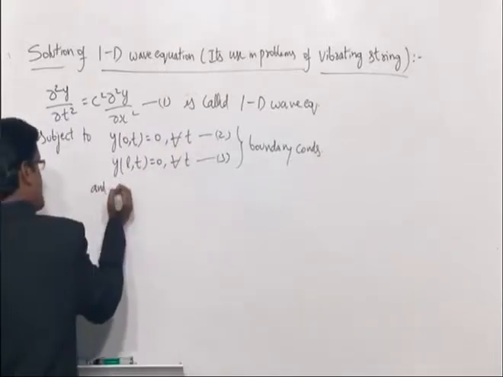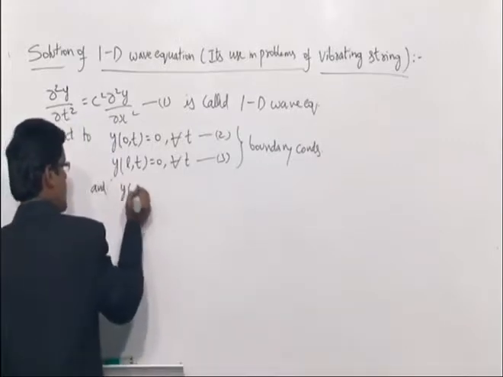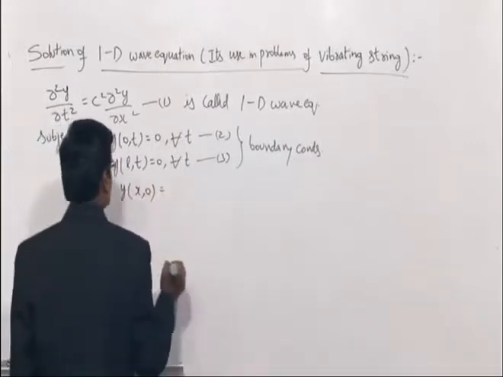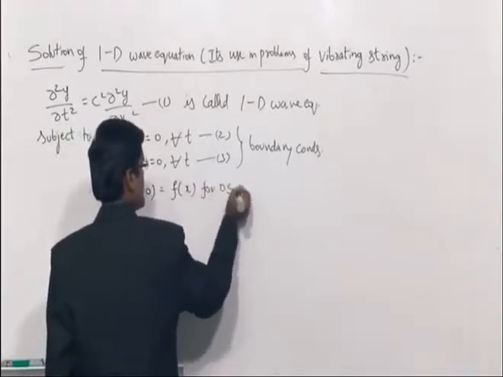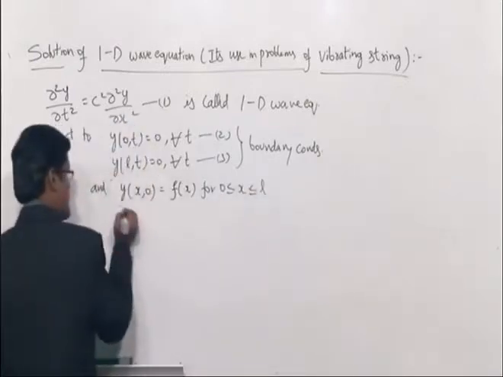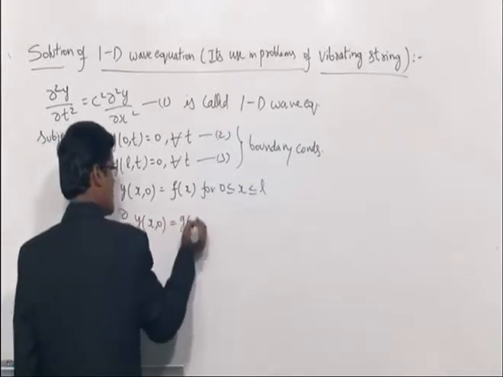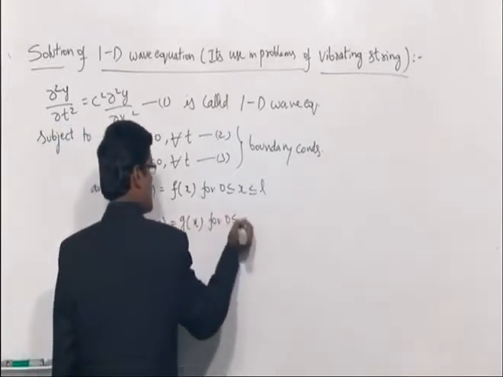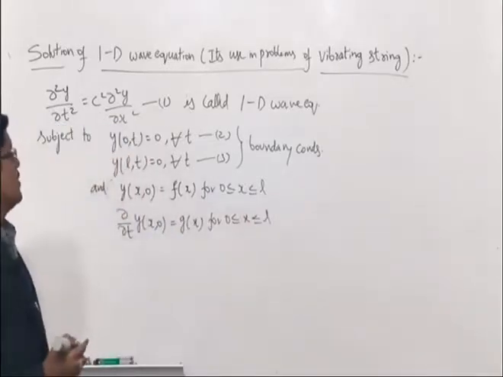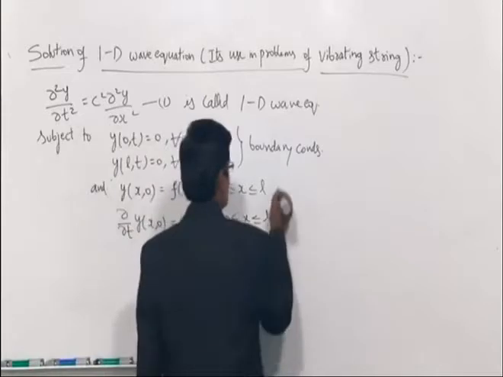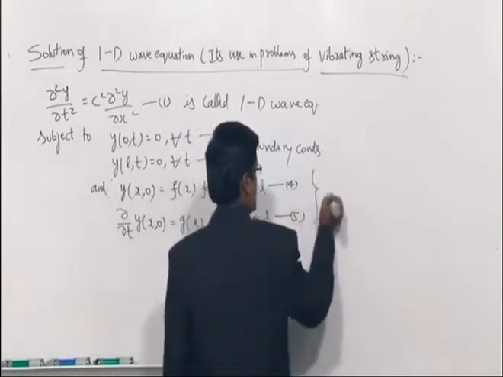And two initial conditions: y of x comma 0 is equal to some f of x for 0 less than or equal to x less than or equal to L. Del by del t of y of x comma 0 is equal to some g of x for 0 less than or equal to x less than or equal to L, where L is the length of the string. This is 4, this is 5, the initial conditions.